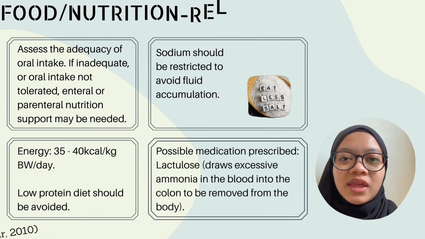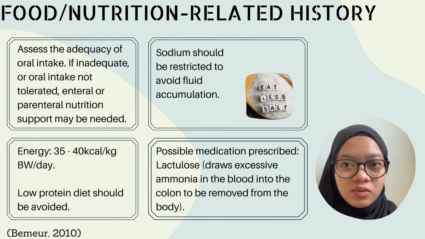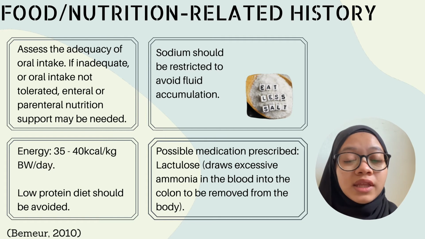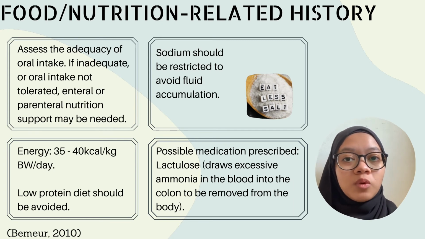In patients with HE, normally the dietary intake is assessed on its adequacy. It is important for HE patients to consume enough energy and protein. They should avoid taking too much sodium to avoid fluid accumulation, and HE patients are usually prescribed lactulose.